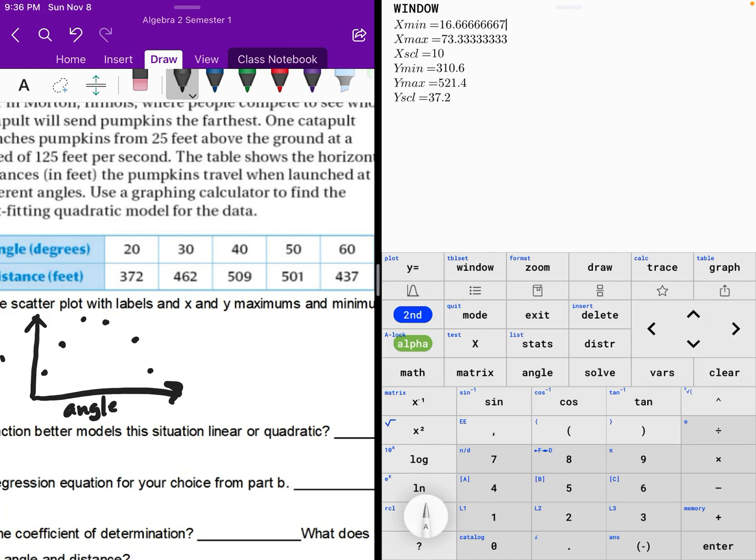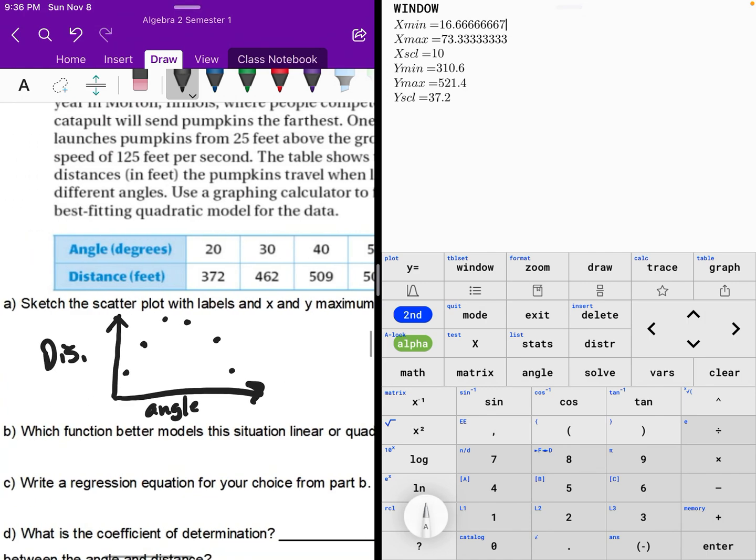Last thing we need is our window. That's going to give us our x min, x max, y min, y max. If you're using the iPad, it's going to be 16.67 for the x min, 73.33 for the x max, y min 310.6, and y max 521.4.